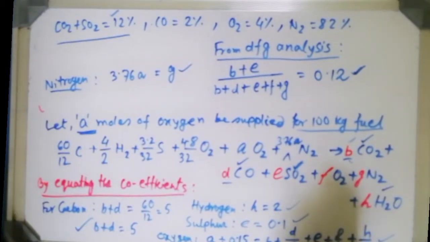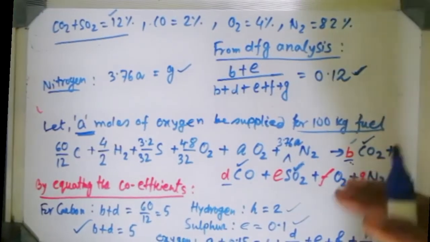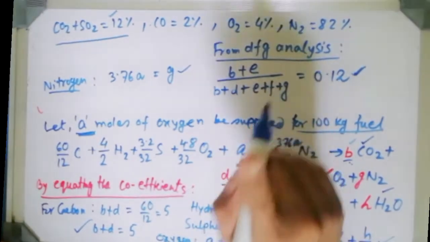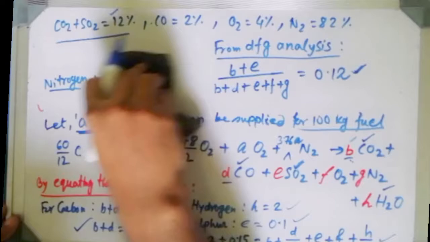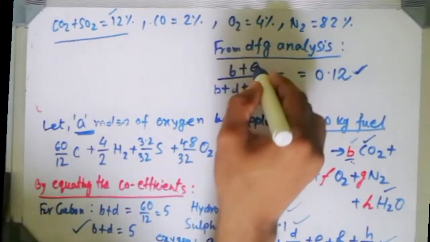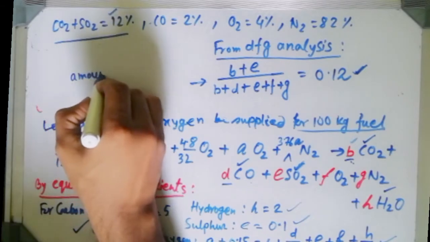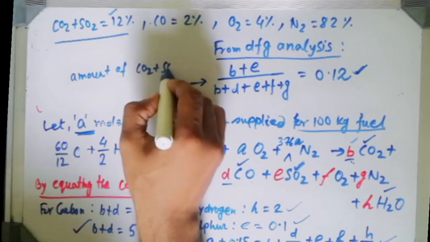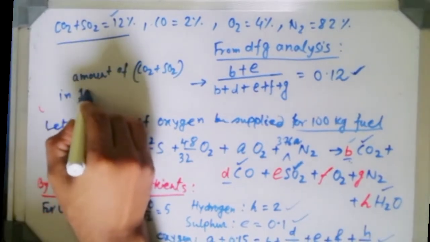I can write the statement for you people to understand more clearly. This particular expression giving you amount of CO2 plus SO2 in 1 kg of dry flue gas. This expression is expressed by the problem, that is 12%.